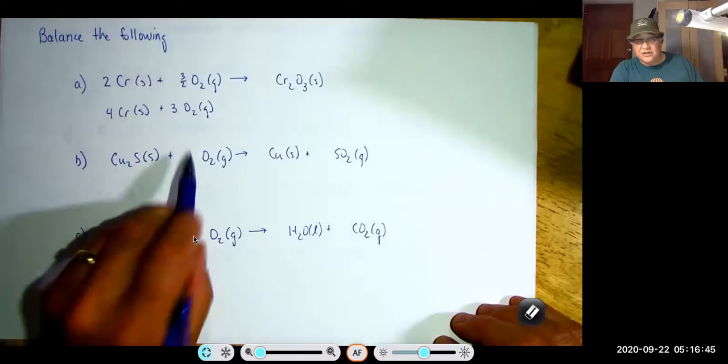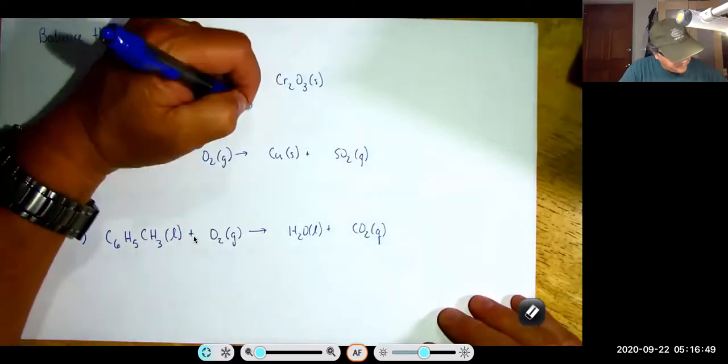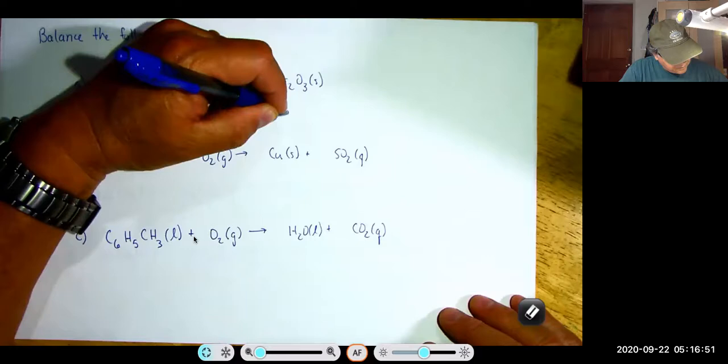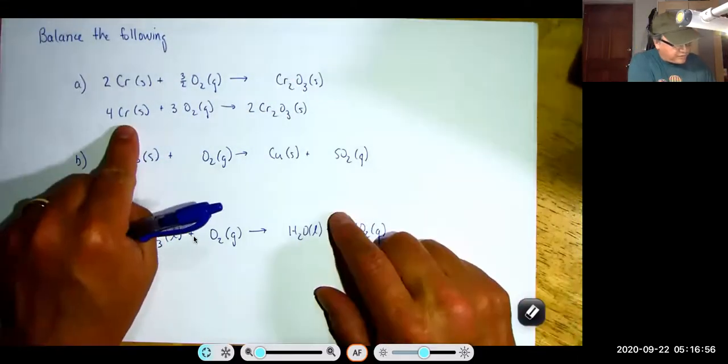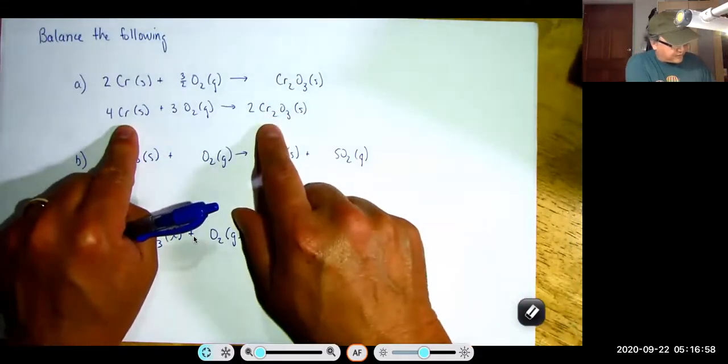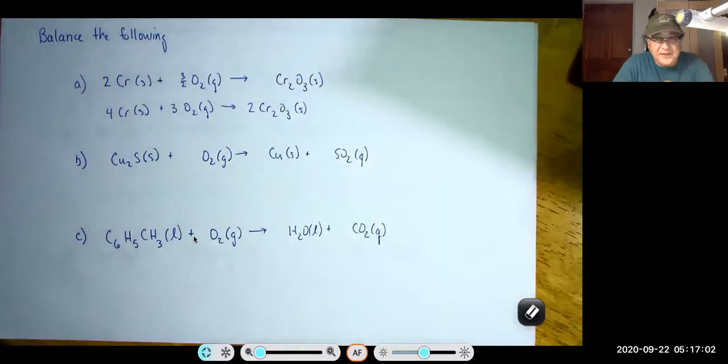Again, leaving space there so we don't think that's 30. Then I'm going to go back and check. 4 chromiums, 4 chromiums, 6 oxygens, 6 oxygens, we're good. So that's the way we really balance these things. Trial and error. You just give it a try.